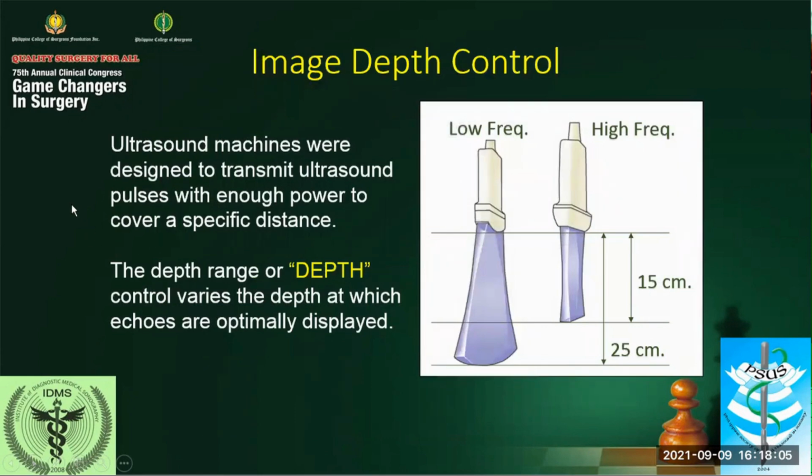The next control is the image depth control. The machines were designed to transmit sound waves at a certain power range and to cover a specific distance. The depth control varies the depth at which echoes are displayed optimally.